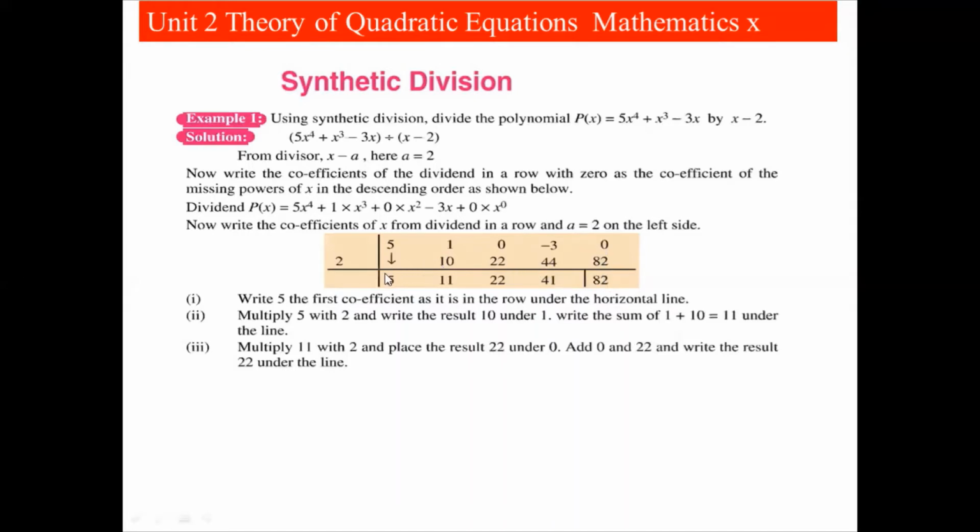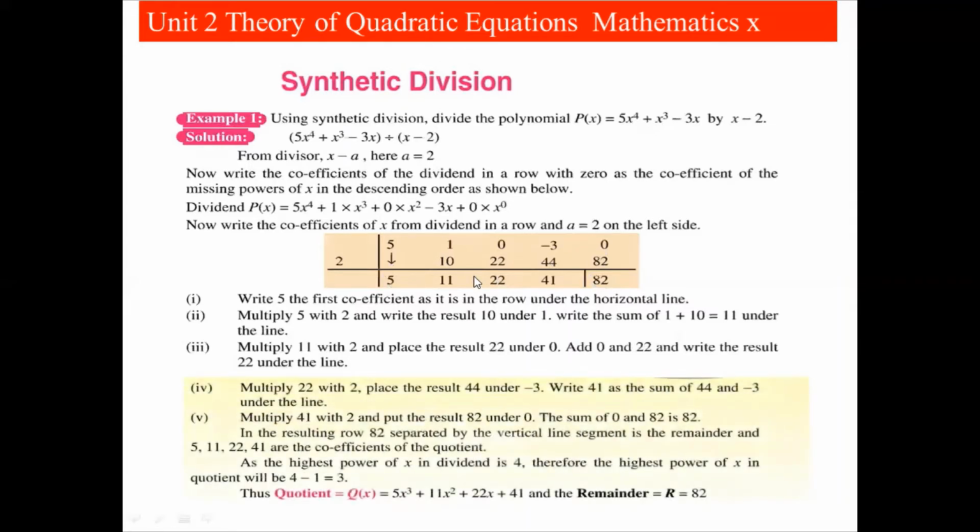Now this is the quotient, and the last term is the remainder. How can we write this quotient? As the highest power of x in the dividend is 4, the highest power of x in the quotient will be 4 minus 1, which is equal to 3.